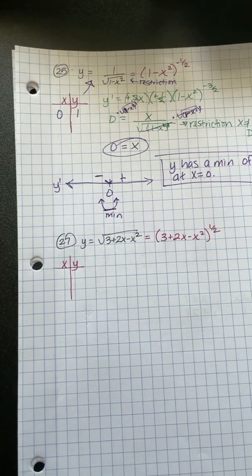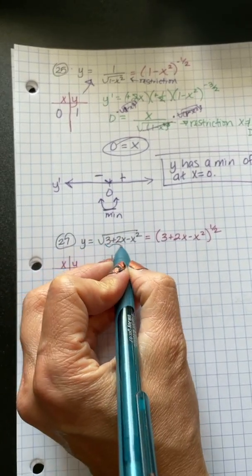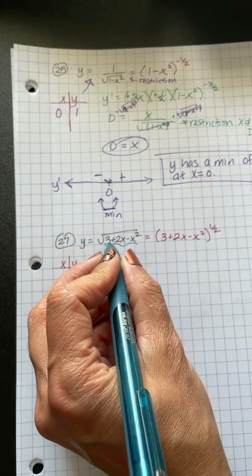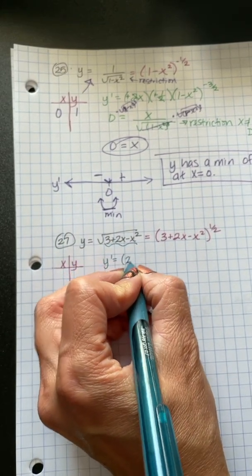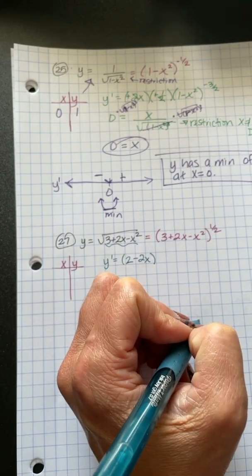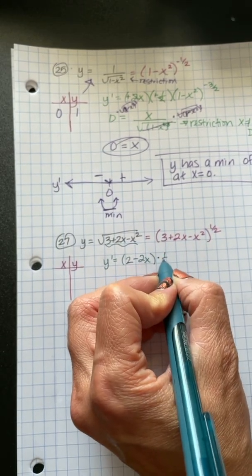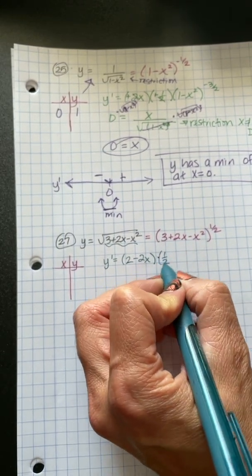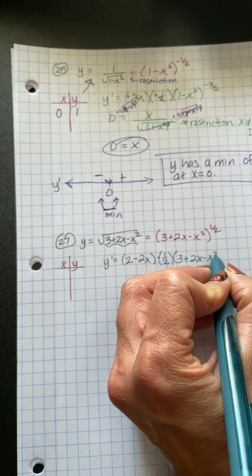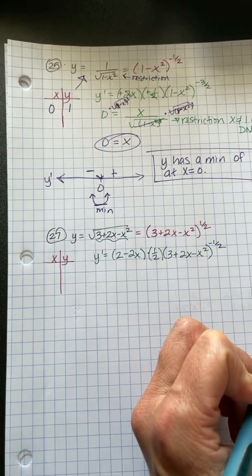So the derivative would be, well, we have to take the derivative of the inside, chain rule. That's 0, then a 2, and a -2x in parentheses. And then the derivative overall is the 1/2, because we have to use the power rule, times the stuff on the inside to the 1/2 minus 1 power, which is -1/2.